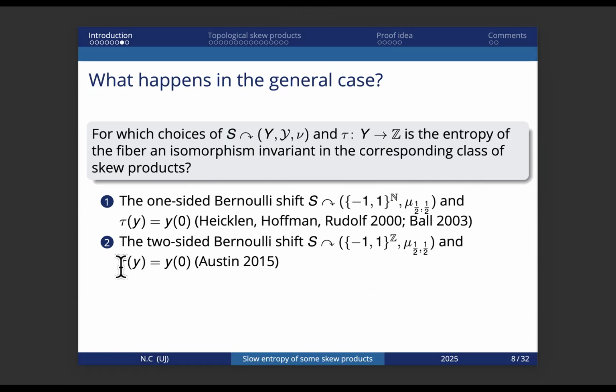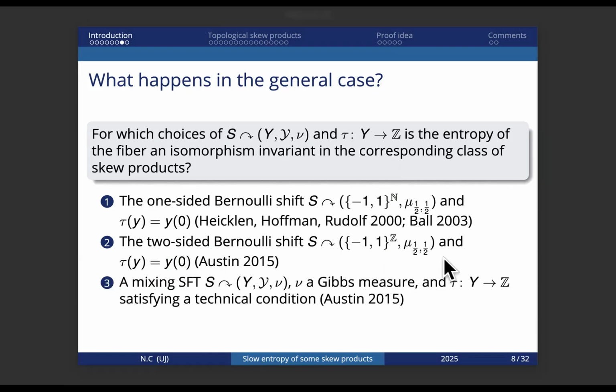And here the cocycle, which previously I did not mention, was the zero coordinate. And we have this more general result, which says that this is also true for a mixing subshift of finite type with a Gibbs measure and a cocycle satisfying a technical condition. So this is more general, but it also happens that this technical condition, to my understanding, is not known to be verified for many choices of tau.